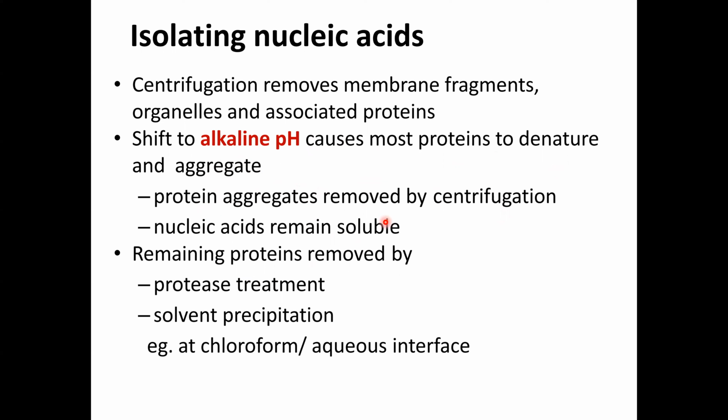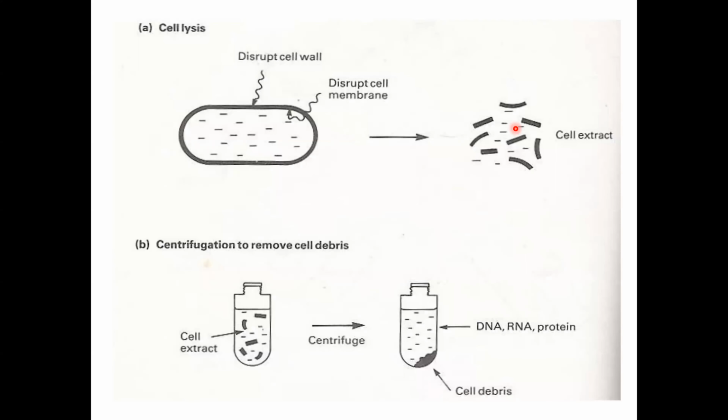The remaining soluble ones are basically your nucleic acids. Those remaining proteins could also be removed through a protease treatment, or a solvent precipitation such as with chloroform, at the aqueous interface.